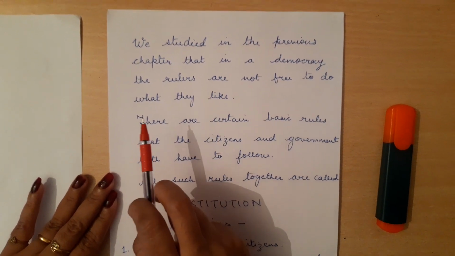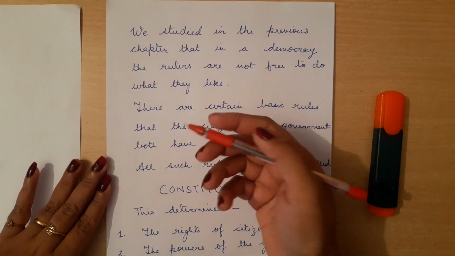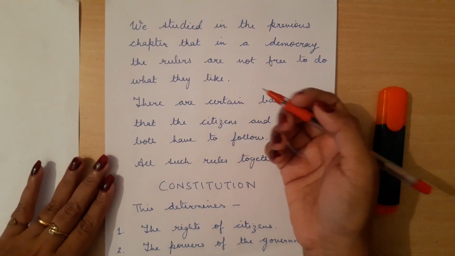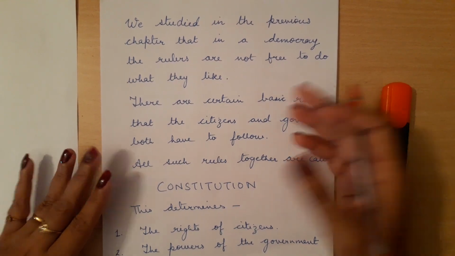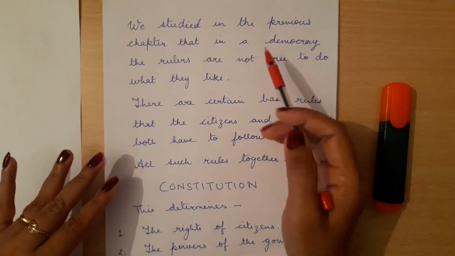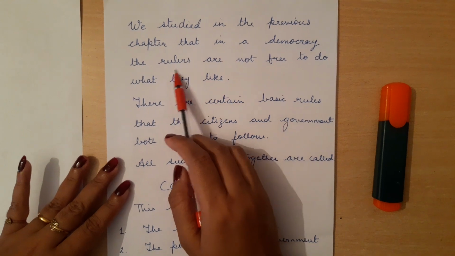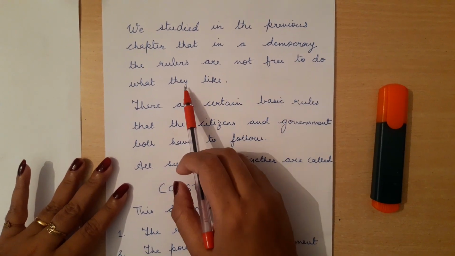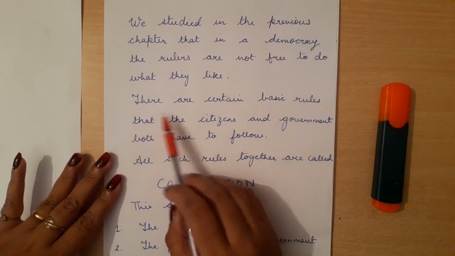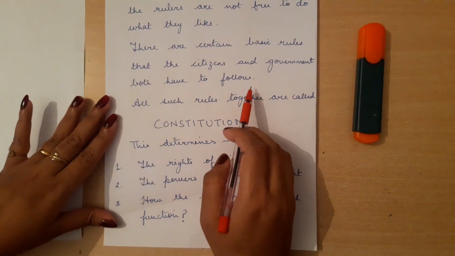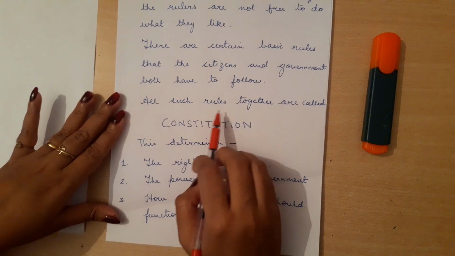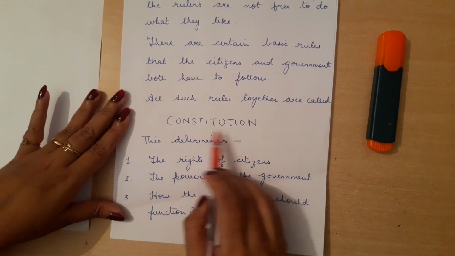So we did what is democracy, then how it is brought in, what are the features, what are merits and demerits. We studied that the rulers are not free to do whatever they like, right? There are certain basic rules that the citizens and government both have to follow. Now, all such rules together are called the constitution.